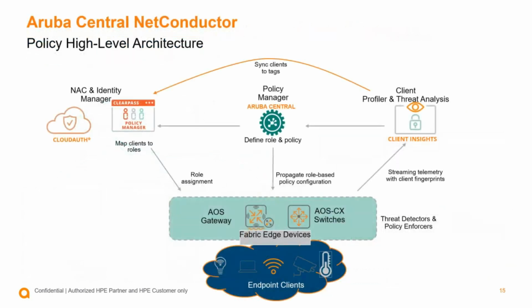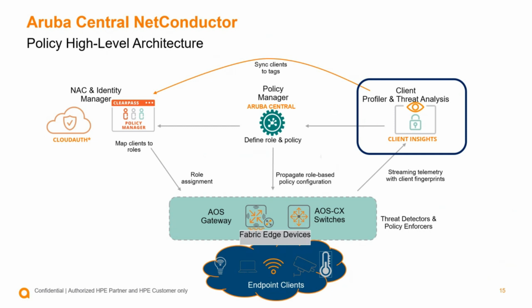And if we just look at the key components of Central NetConductor, the policy level, high-level architecture, this includes the physical infrastructure. There are three primary components. The first is client insights, which is profiling clients or devices for threat analysis.